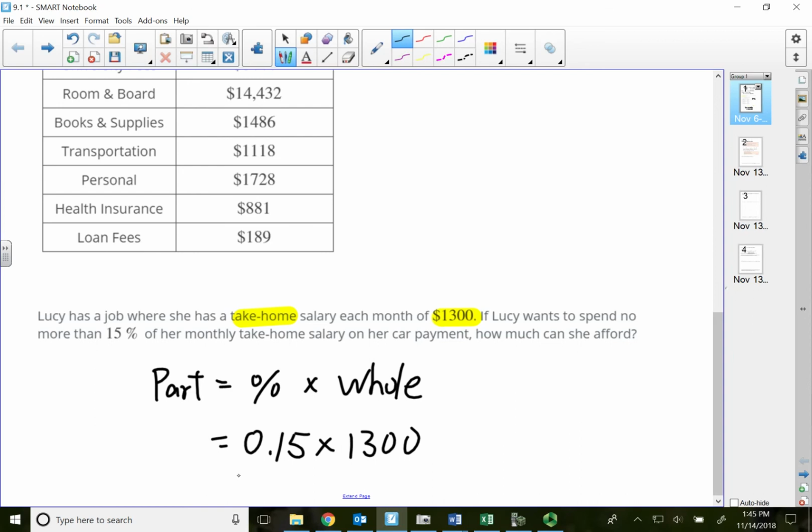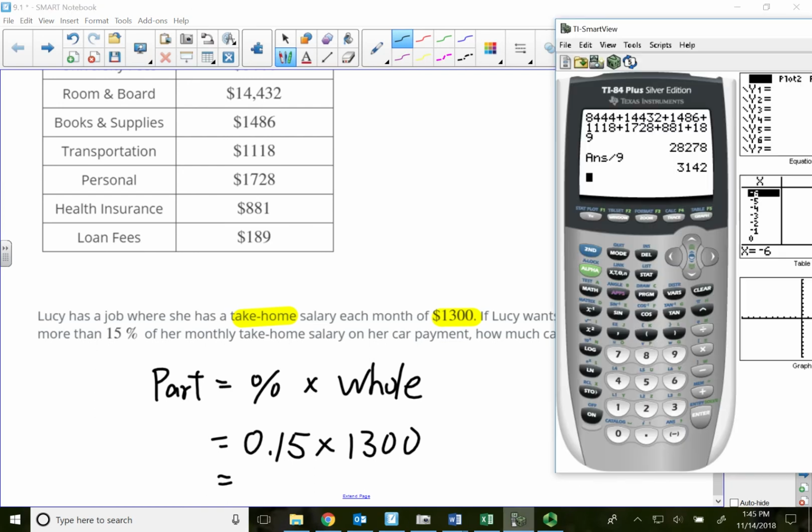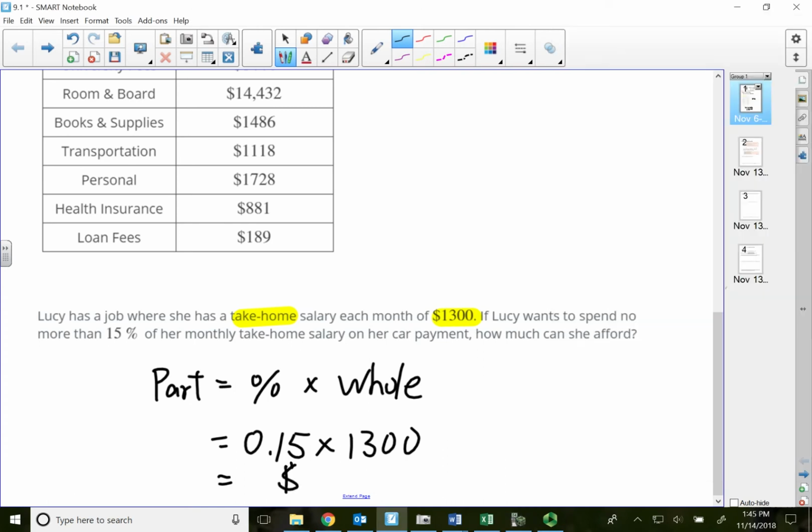So that means she can afford, let's say, 1,300 times 0.15. So she can afford about $195. Okay, so it's an estimation of what she wants to spend based on her income.